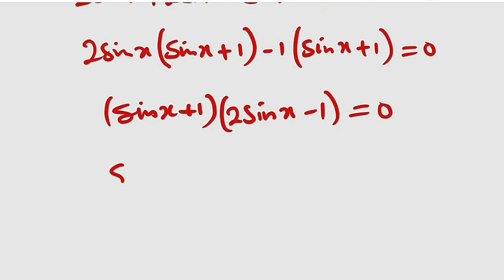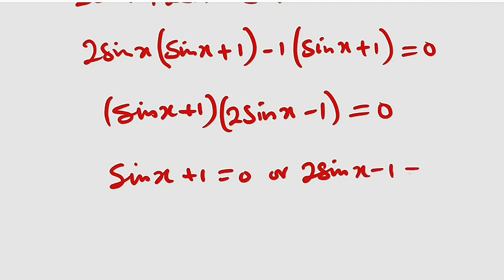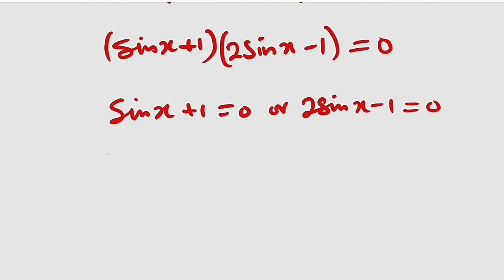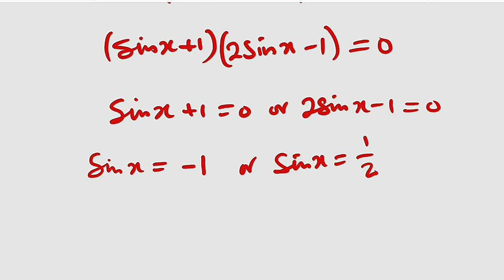This implies either sine x plus 1 equal to 0 or 2 sine x minus 1 equal to 0. From this we have sine x equals negative 1. If you take negative 1 to the other side, it becomes 1, you divide by 2, you have sine x equal to 1 divided by 2.